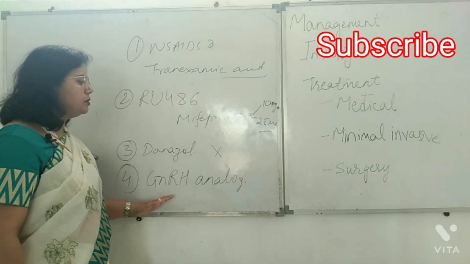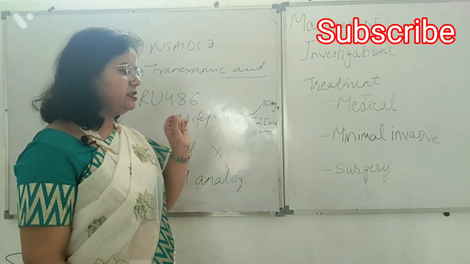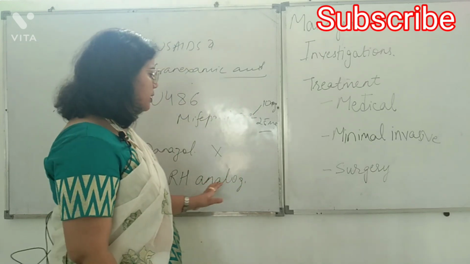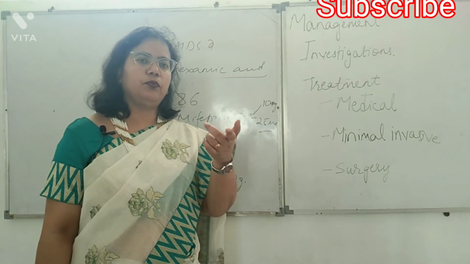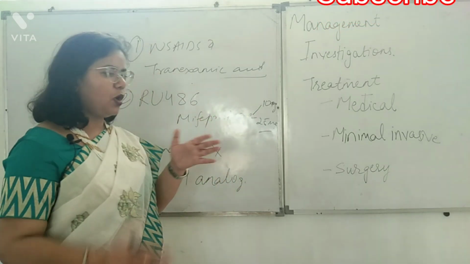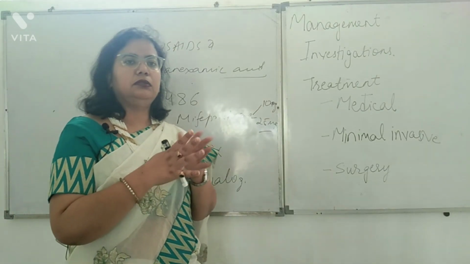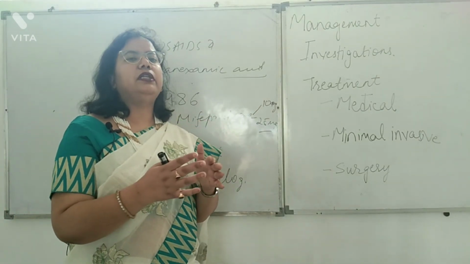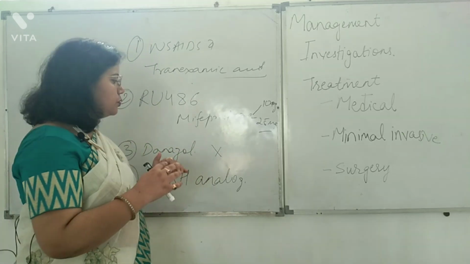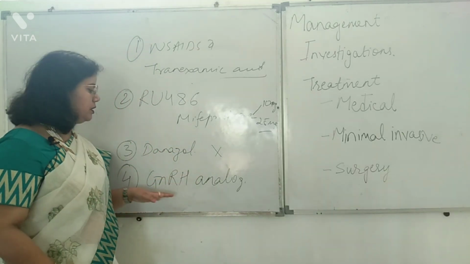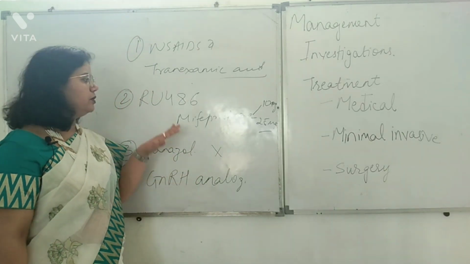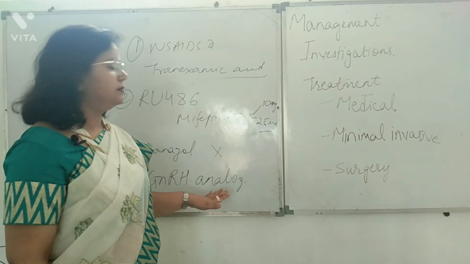In that case also it can be beneficial, because the size of the fibroid near the cornu decreases, the cornu opens, the blocking effect of the fibroid is relieved, and hence the infertility part is relieved. So that is also one of the indications where you specially use GnRH analog and not mifepristone.